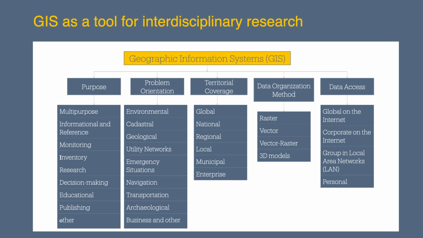Corporate systems are for specific organizations, and group systems can be accessed in local networks or personally. This classification helps us understand how and where GIS can be applied, which is especially important in the context of analyzing ecosystems and assessing the impact of human activities on the environment.